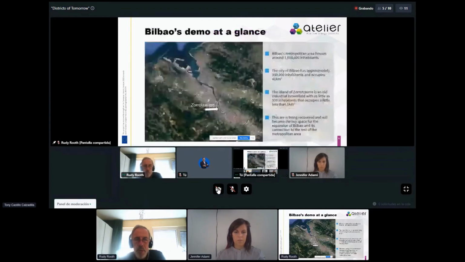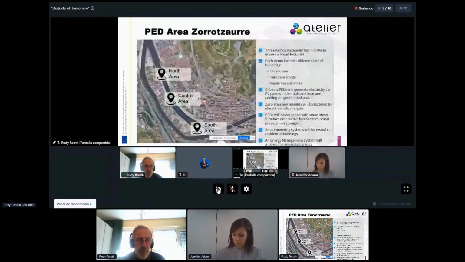Bilbao's demo is the Zorrotzaurre Island, which is here in an overview of the entire Bilbao and the harbor area. It is a brownfield island with old industry that needs to be replaced. And you see on this bigger overview the different areas where development is taking place, the north area, center, and south.